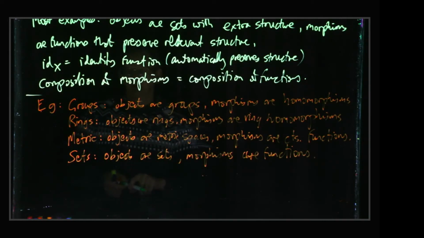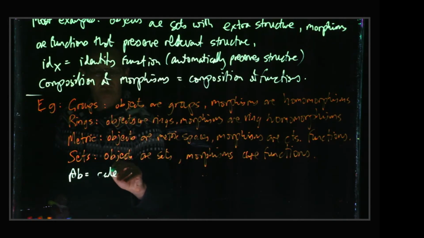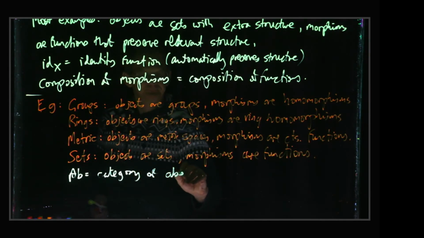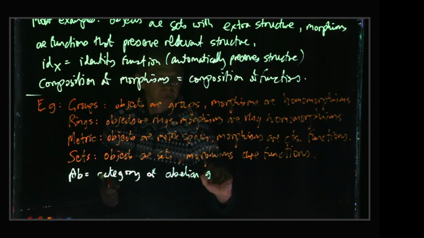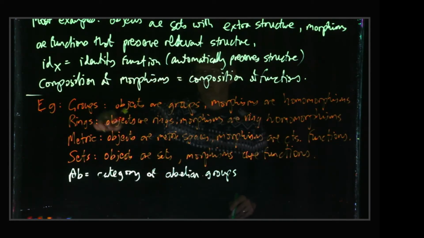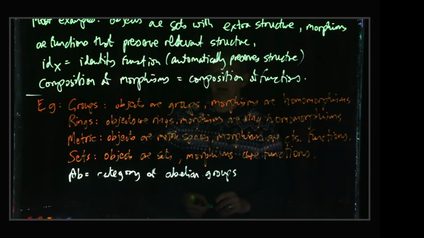So one example is we can have AB is the category of abelian groups. So you've got the category of all groups, and then contained within that, you've got the subcategory of abelian groups.